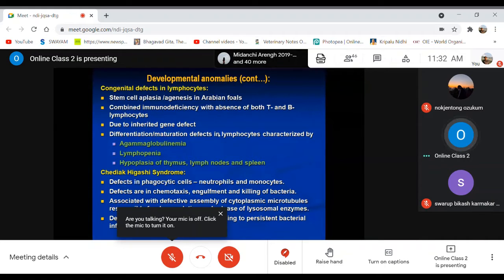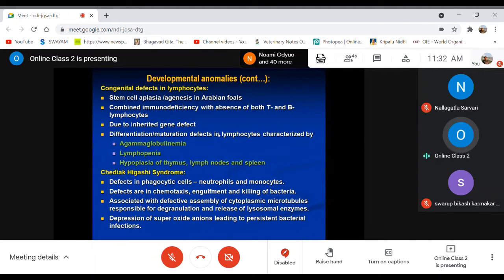That means when animals have this syndrome, Chediak-Higashi syndrome, where the neutrophils and monocytes, those phagocytic cells, are defective, they cannot protect against persistent bacterial infections.